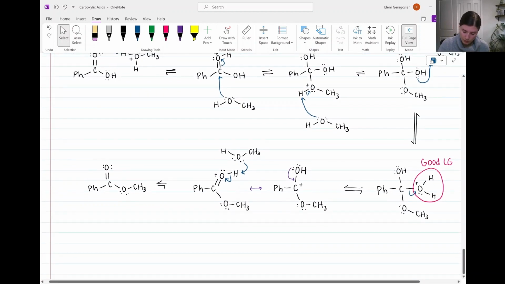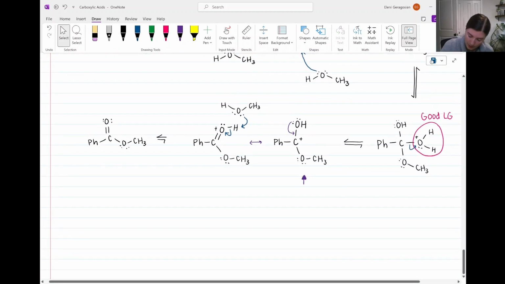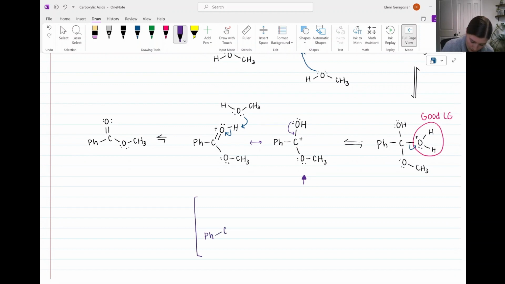But let's draw a little bit more resonance here so we can understand the properties of this molecule. So if we start with our open shell carbon, we have a positively charged carbon. Now there are two oxygens bonded to that carbocation, so this is not too unstable. It is unstable, it's still an open shell carbon.